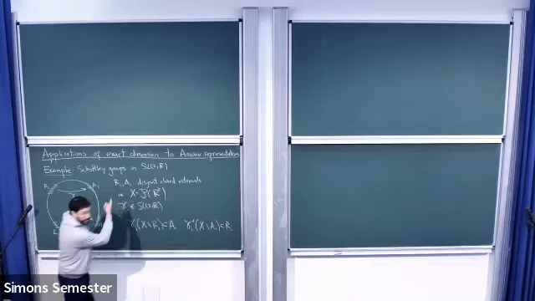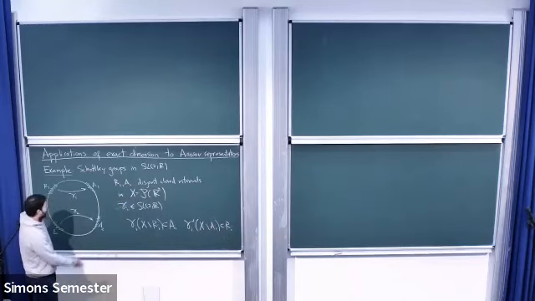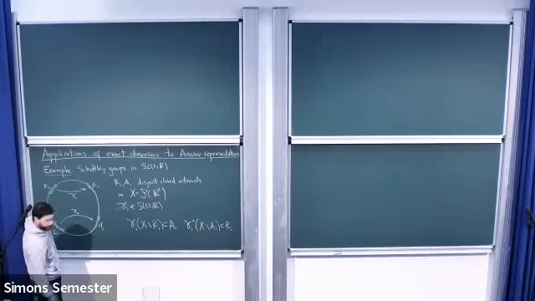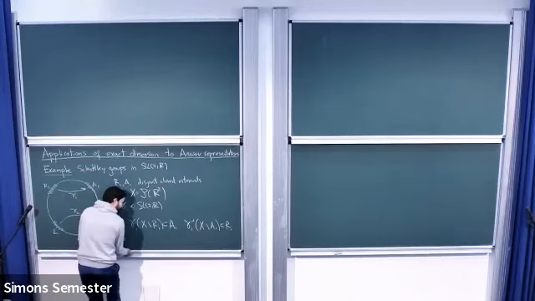So A is for attractor, R is for repeller, and you can pick any number of these disjoint intervals and do this construction. Okay. And the generated group.